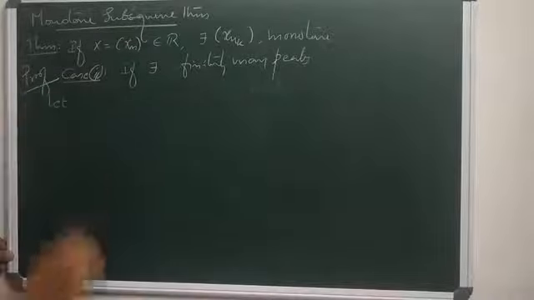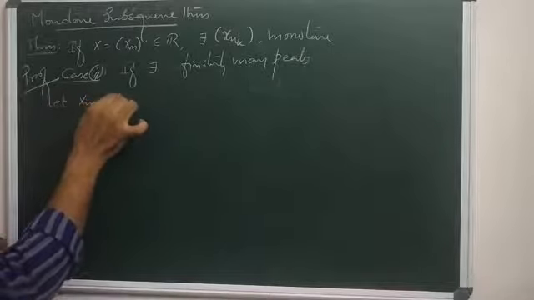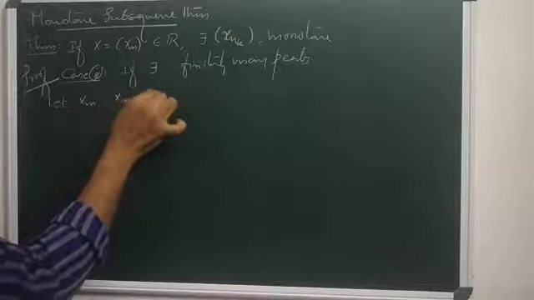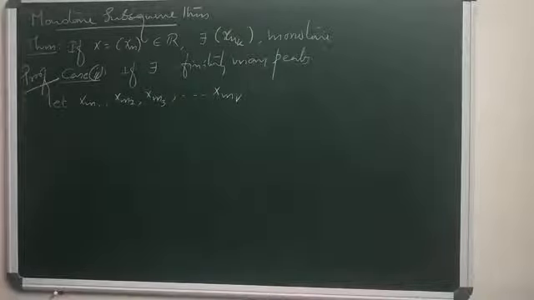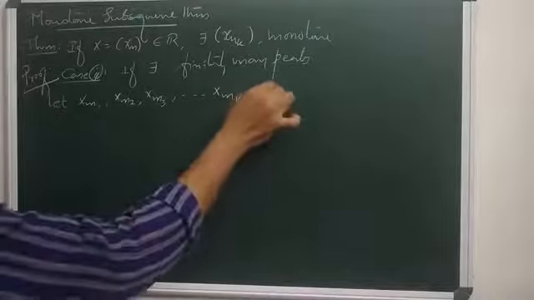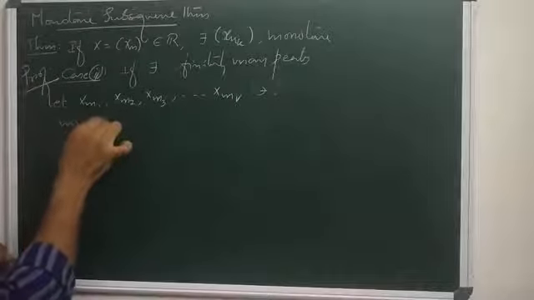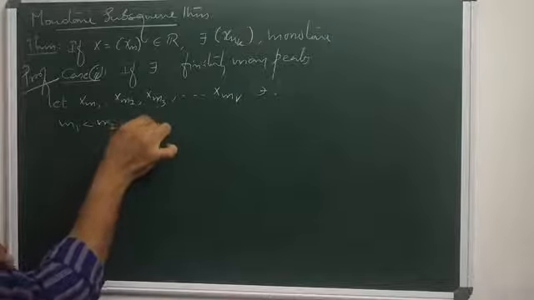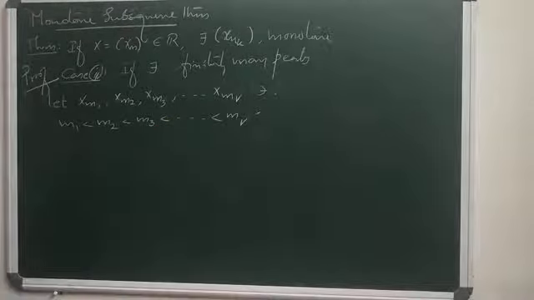Let xm1, xm2, xm3, up to xmr be the finitely many peaks of the sequence xn, such that clearly m1 is less than m2 less than m3 less than, and so on, less than mr. Why?